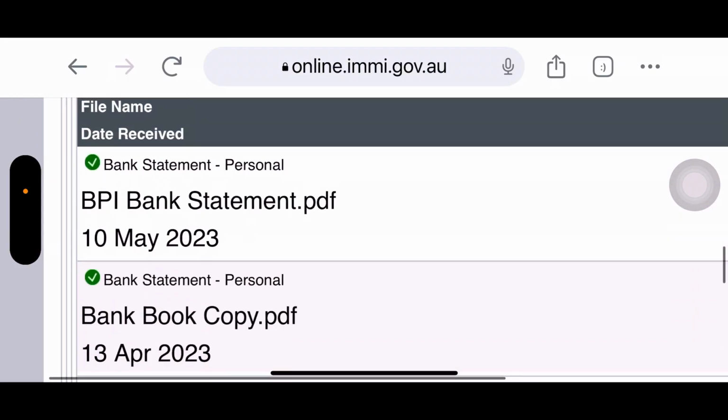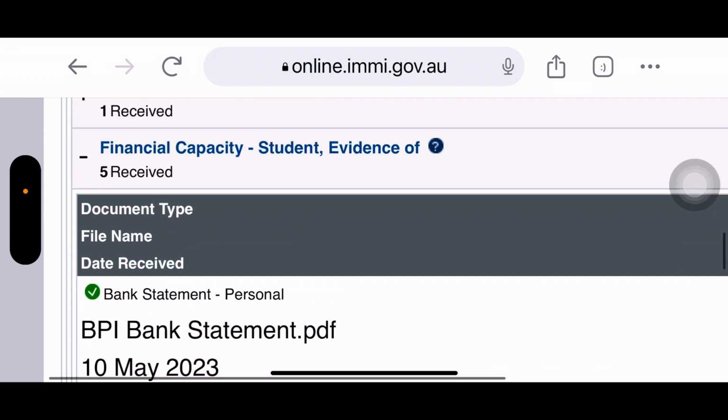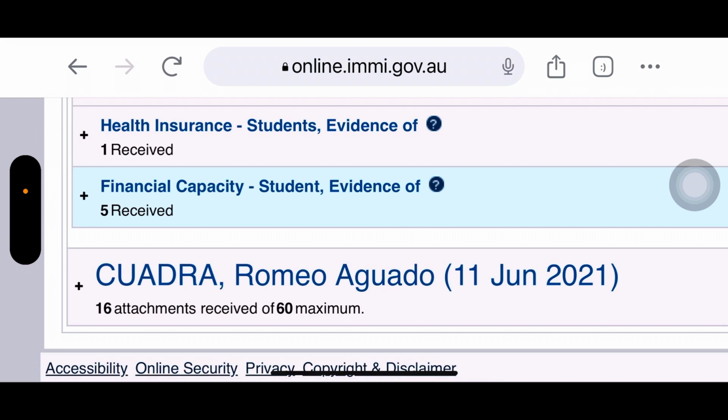The total amount of our show money is only a little more than 100,000 pesos, so it's less than 200,000. It could be different for anyone, but I'm not saying that you should provide only 100,000.